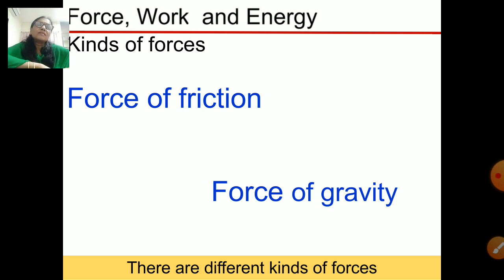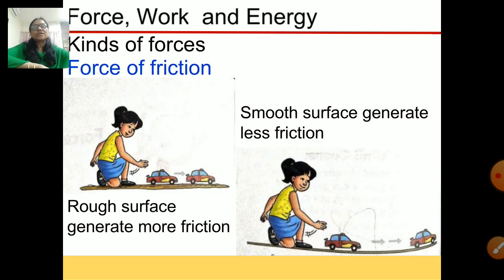Now look here. Have you noticed what happens when a toy car is pushed on a surface? The car stops after some time. You must have noticed it.